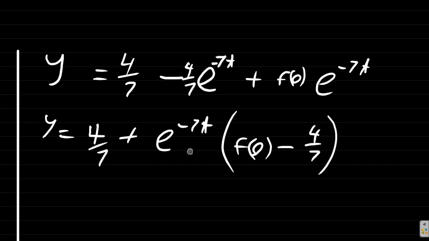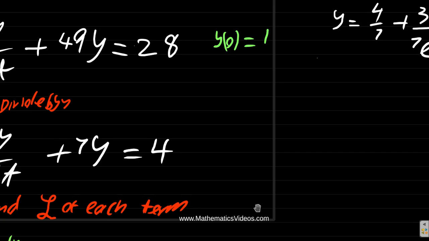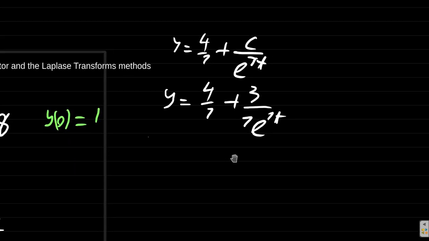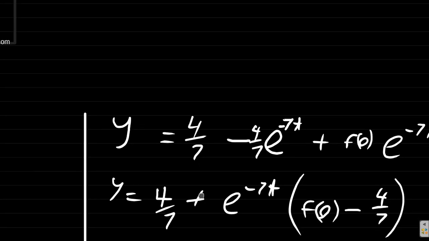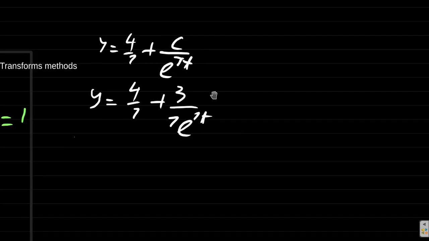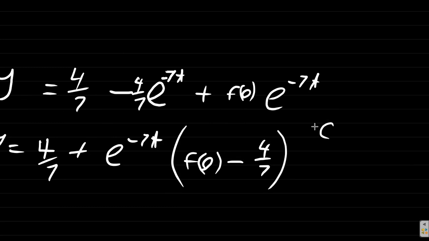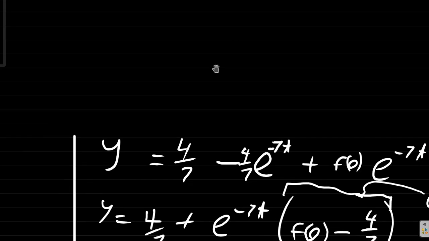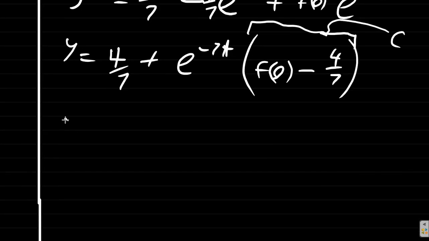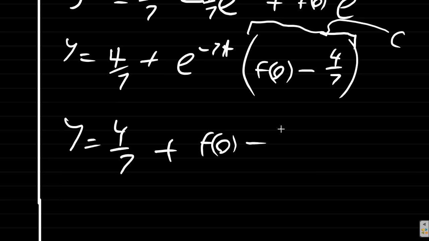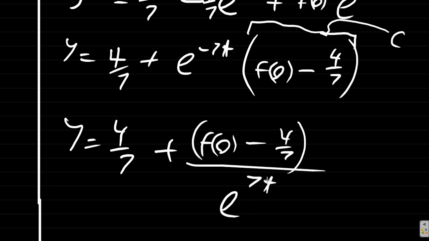So that's what we should have. So we can rewrite this as y equals 4 over 7 plus f(0) minus 4 over 7 divided by e to the 7t.